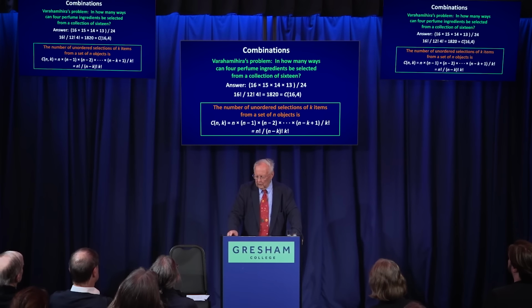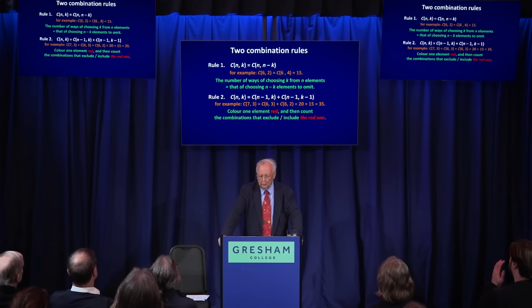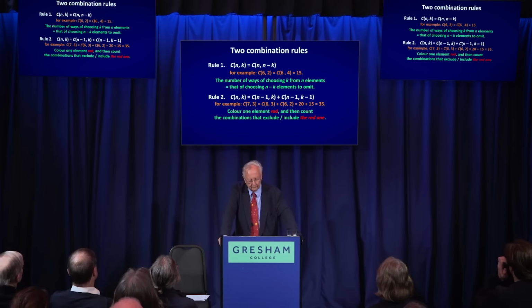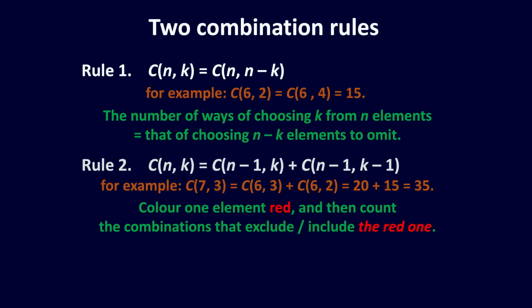So let's look more at these numbers Cnk. Let's look at 2 important rules for combinations. Rule 1 is that for any numbers k and n, Cnk is Cn n minus k. For example, as we saw with Susruta's medicines, C62 is the same as C64, with both being 15.